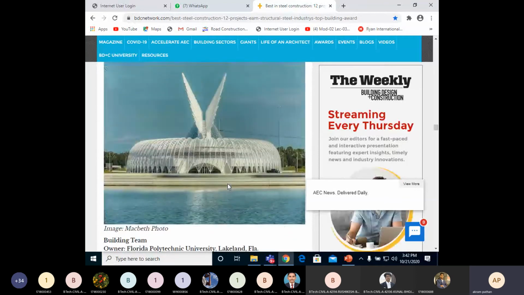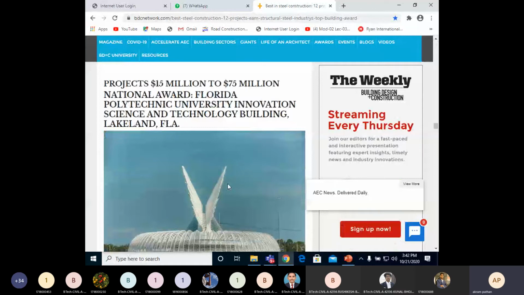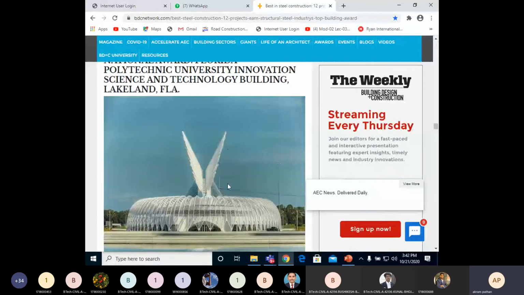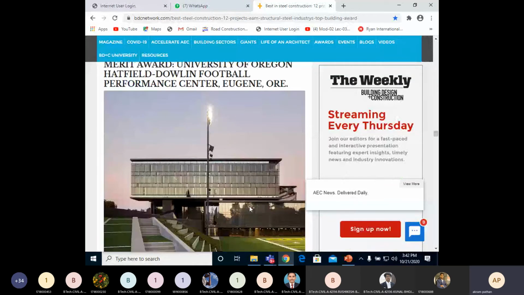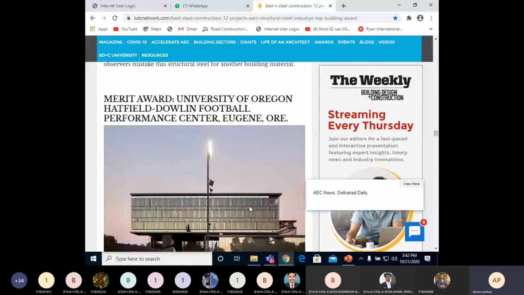Then another project here is Polytechnic University. This is a particular building which is constructed with the help of steel structures. Then this is also the University of Oregon, Hatfield.